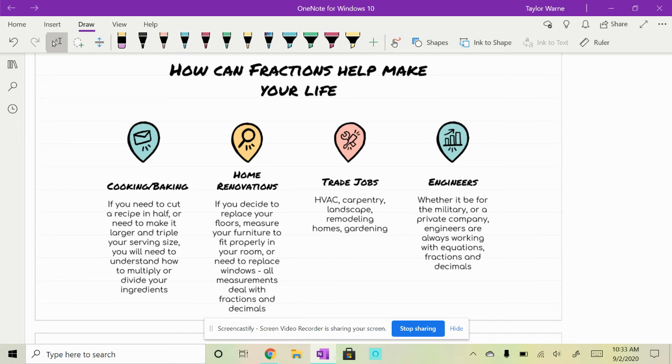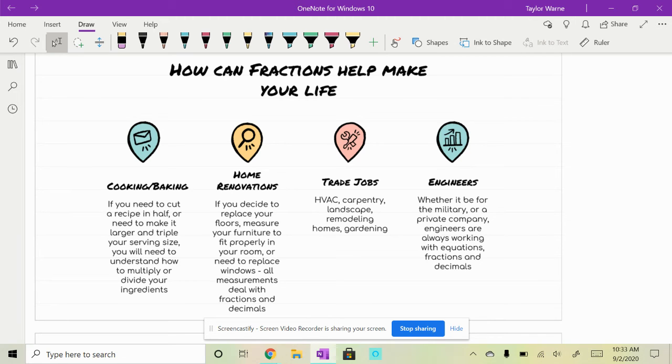Or maybe it's for 4 people and it's Thanksgiving and you're having a lot of family over, so you might need to triple your serving size. So you're going to need to multiply those fractions by 3. So you actually have to understand how to multiply or divide your ingredients in order to get your recipe correct.